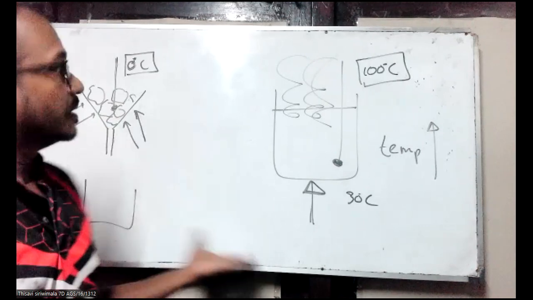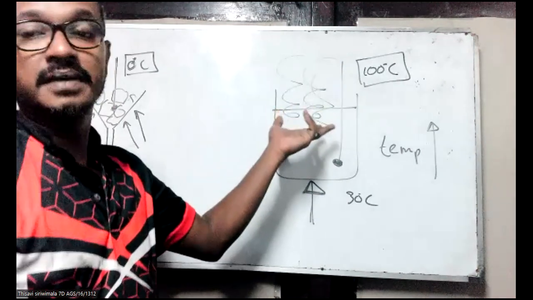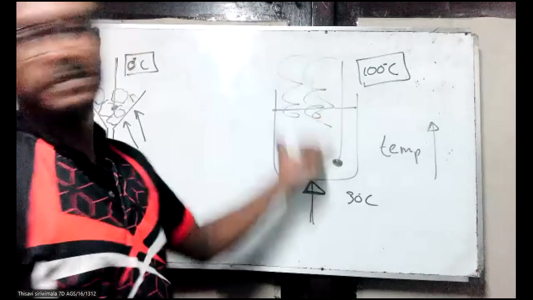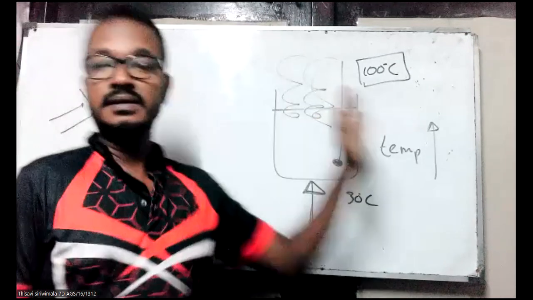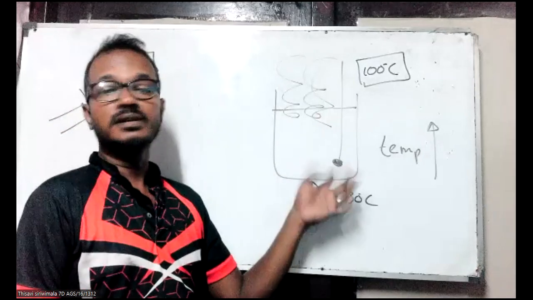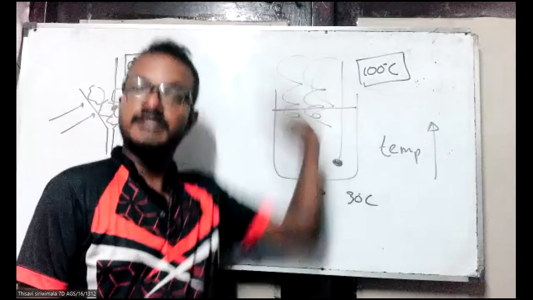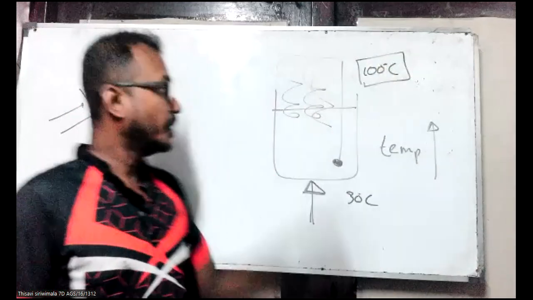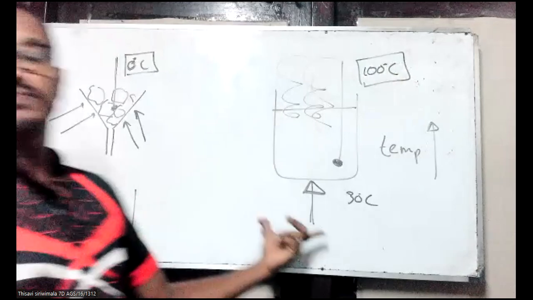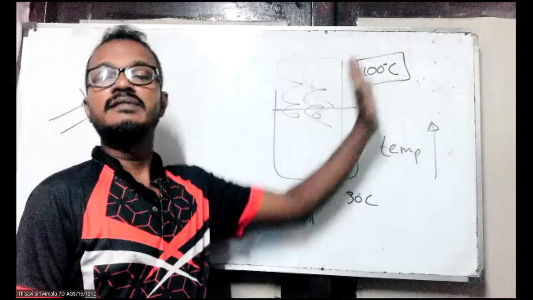Then only the temperature will rise. Then the temperature will keep on increasing up to 100 degrees. Again at 100 degrees, it is another break point, which is the boiling point. Again, the temperature will be fixed. The energy supplied will be spent on doing work against the intermolecular forces. As a result, liquid will turn into a gas. So at the point of changing state, even though you supply heat energy, there will not be an increase in the temperature.